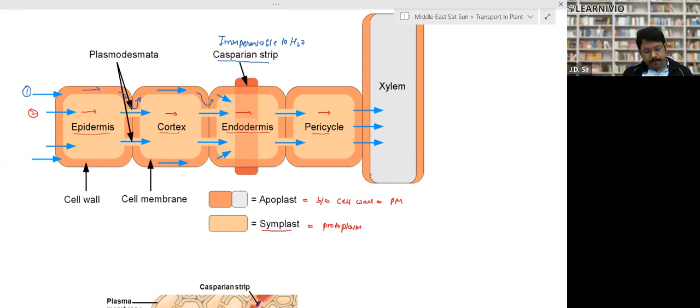So start writing now. First, put the heading: apoplastic pathway.